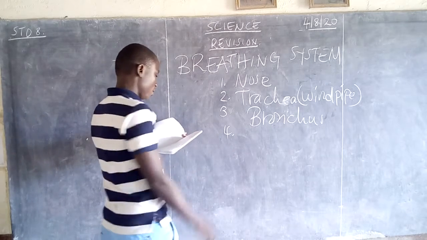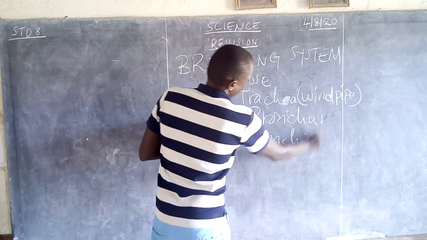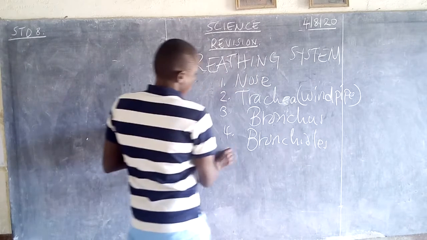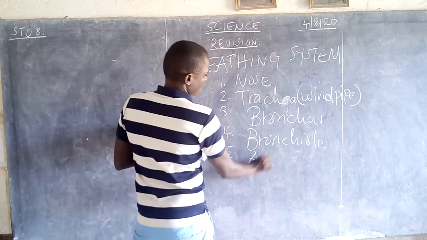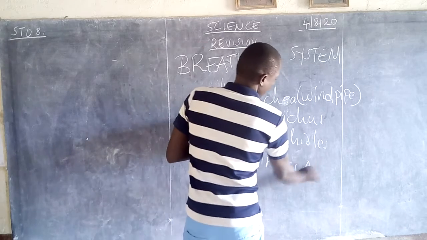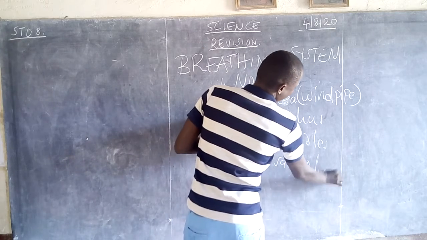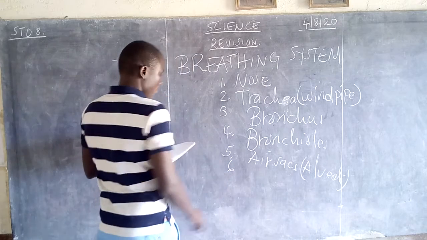Then number 4, we go to the bronchioles. Number 5, we have air sacs, also known as what? Alveoli. Number 6, we have lungs.